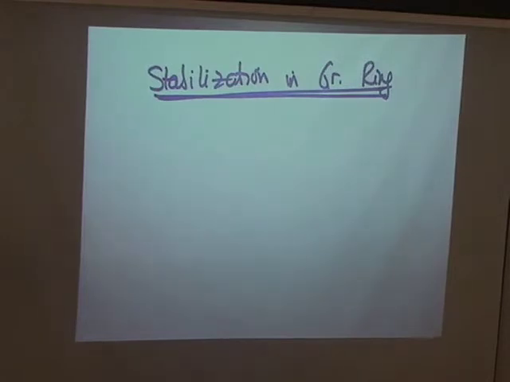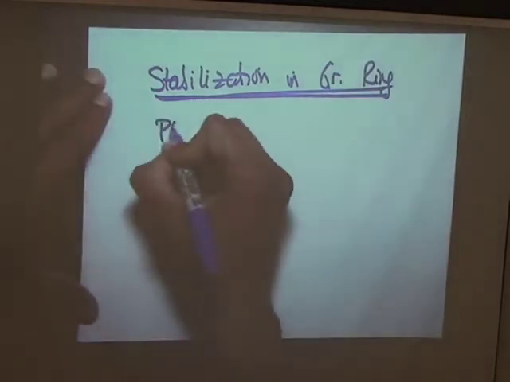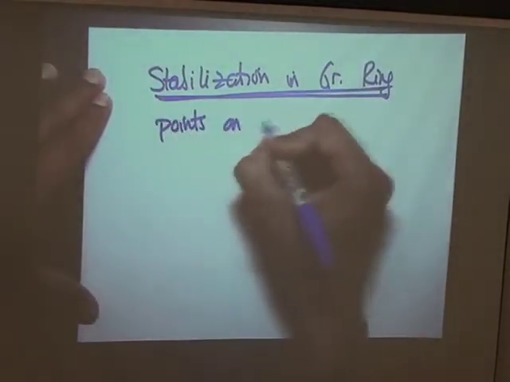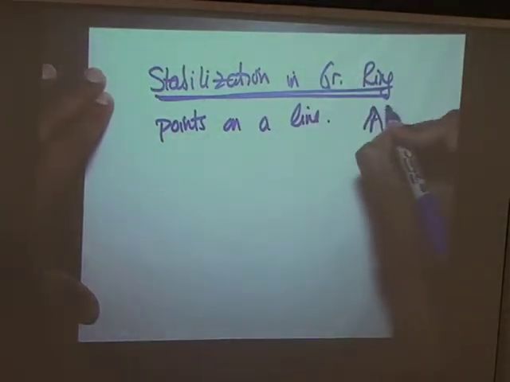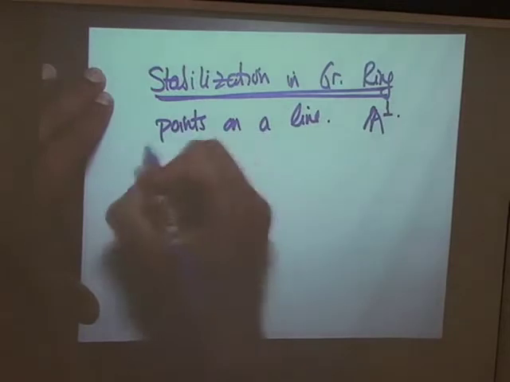So I want to ask analogous questions, and let me set this up by asking about something really basic, which is points on a line. What do I mean by points on a line? Well, my line is going to be just A1. And these are going to be unordered points.